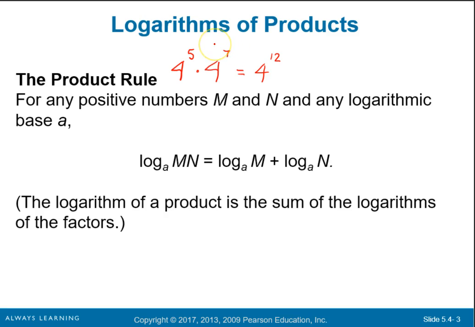Hopefully that's making some sense, and we'll go through each of our rules to see how they work, keeping in mind that our log is having to do with the exponents more so than the bases.